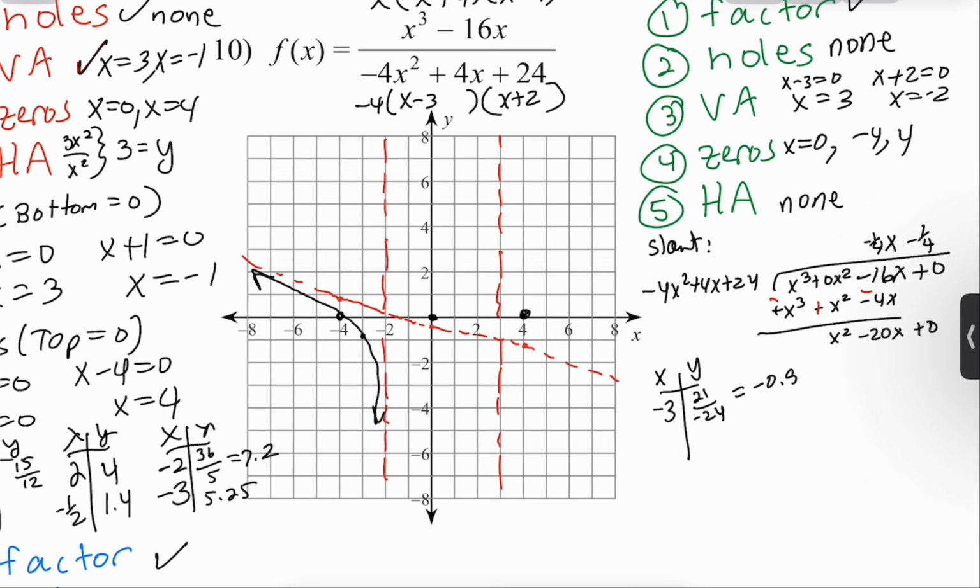So let's do the right side first. So let's plug in 5. If I plug 5 into the top, I get 45. If I plug 5 into the bottom, I get negative 56.